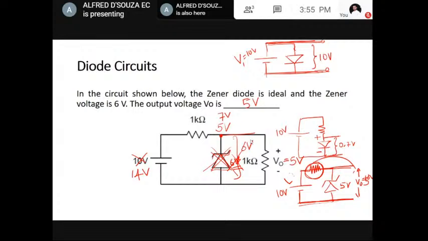That's how voltage regulation happens. So first remove the Zener diode and find out how much the voltage is. If it is greater than the Zener breakdown voltage, the answer is the Zener breakdown voltage. If the voltage at this point is lesser than the Zener breakdown voltage, then whatever value you have calculated will be the answer, as in this particular case. So you should be very careful.